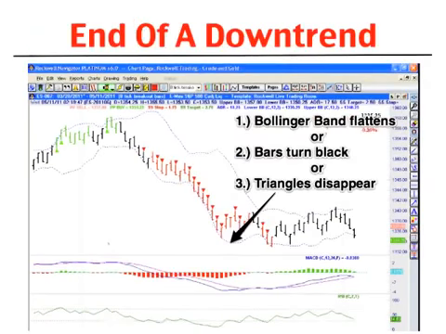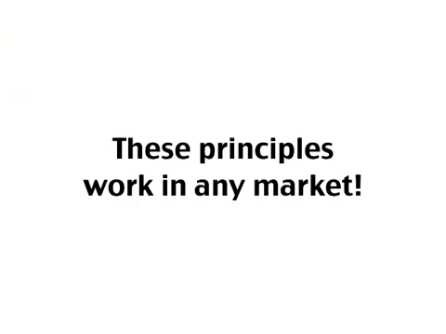And as soon as either the triangles disappear or the lower Bollinger Band flattens or the bars are turning black, I know that the downtrend is over. And these principles apply to any market. I told you, it's simple yet very powerful because now you're looking at charts differently than most other traders.